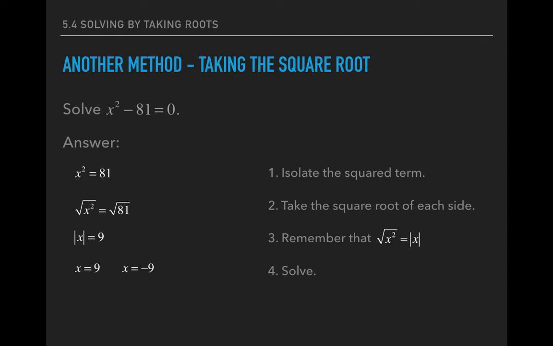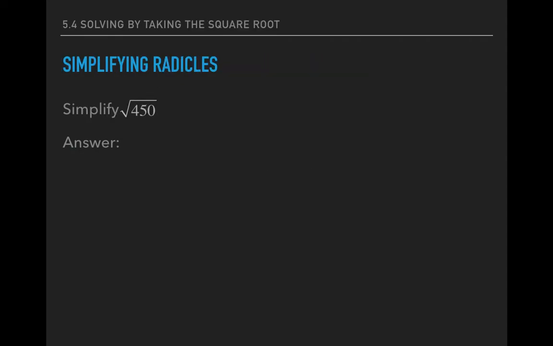Same result as in that other method, but we're going to see that this square root method has many applications that are going to be very helpful. I want to talk to you a little bit about simplifying radicals. We've been reviewing this, but let's recall that this radical here is not a perfect square.